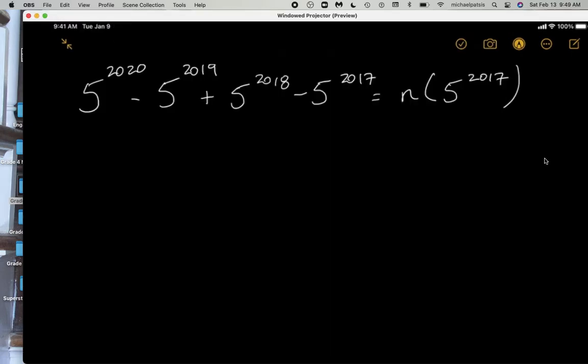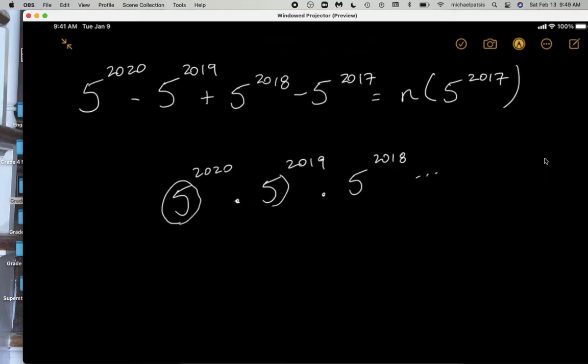Okay, so here's the problem written out. Again, it is subtraction and addition, totally different than multiplication. For example, if we had 5 to the 2020 times 5 to the 2019 times 5 to the 2018, etc., we have a situation where the base is the same and we are multiplying.